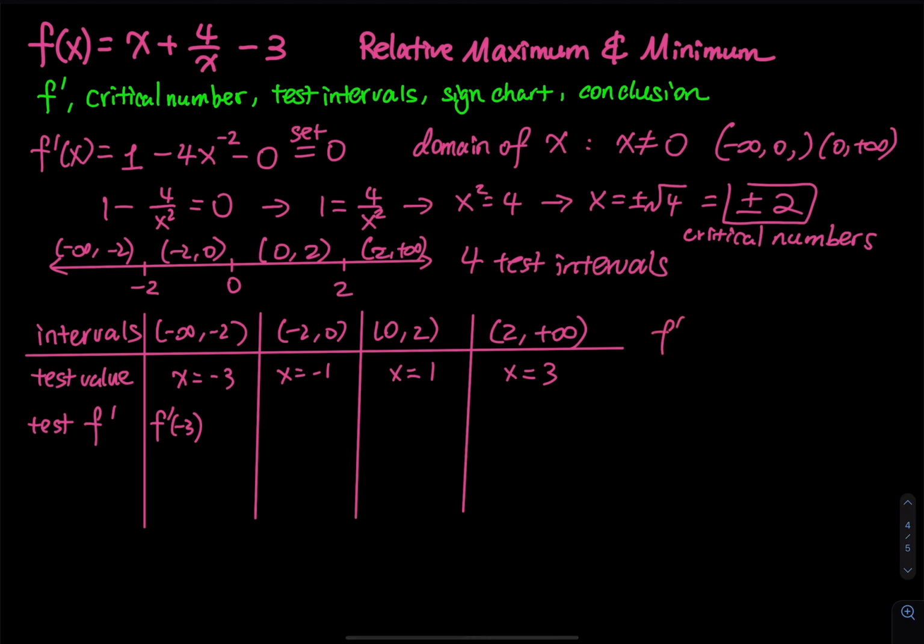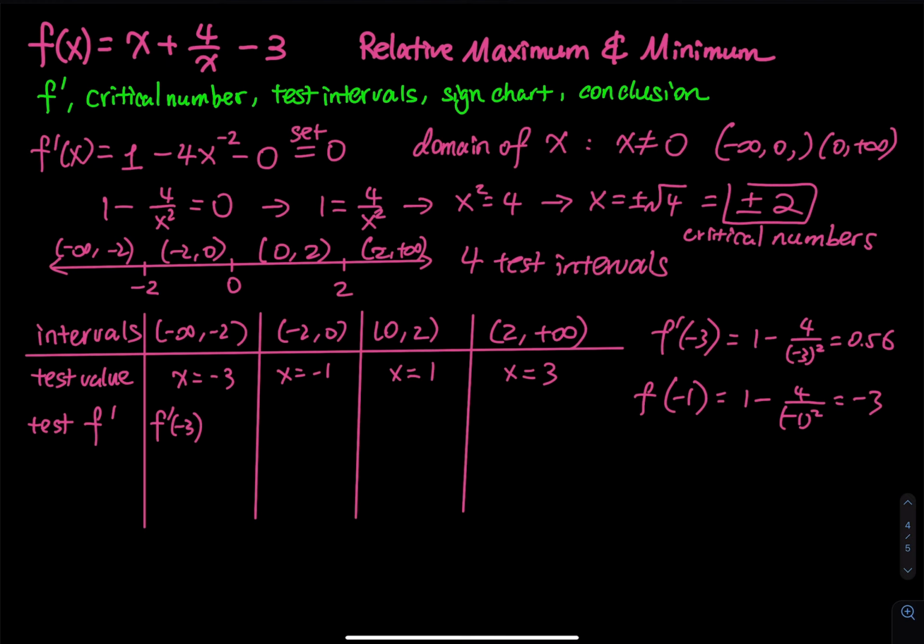So here is how the job's done. f prime of -3: we have 1 minus 4 divided by -3 squared. This is how you do it. So this one I have 0.56. For f prime of -1, you have 1 minus 4 divided by -1 squared. So that is 1 minus 4, that equals -3, and so on and so forth.